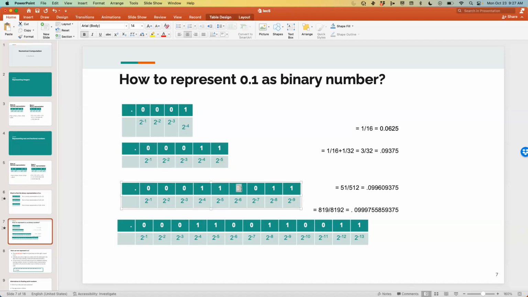Now this time, if we add 1 here, 1 times 2 to the power minus 6, it becomes too much. If I do 1 times 2 to the power minus 4 plus 1 times 2 to the power minus 5, and add 1 here, 1 times 2 to the power minus 6, what I get is something that is much larger than 0.1.